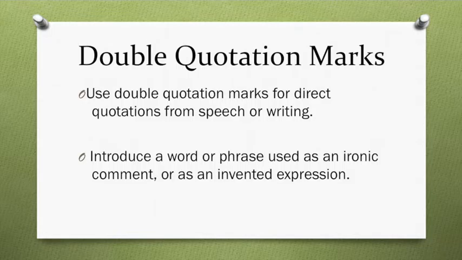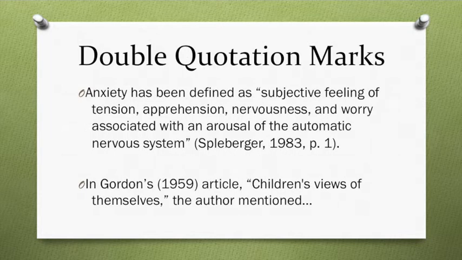Double quotation marks are used for direct quotations from speech or writing. They are also used to introduce a word or phrase used as an ironic comment, as an invented expression. Look at examples. In the first sentence, the highlighted part is a direct quotation from Spielberger's article.